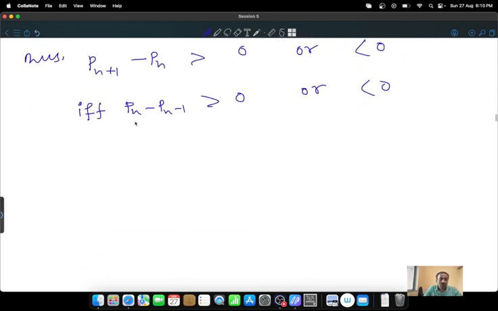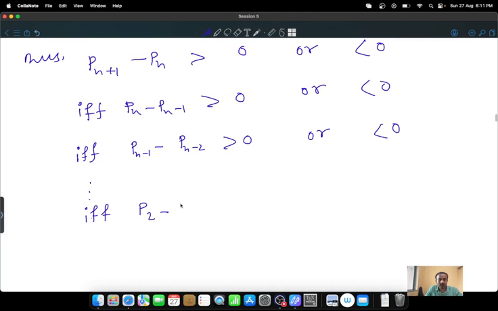Now if you do the same thing for this term, you get that Pn minus 1 minus Pn minus 2 is greater than 0 or less than 0. The same calculation will follow here, and keep on doing this, and finally you will get the first term, which is bigger, that is n plus 1.